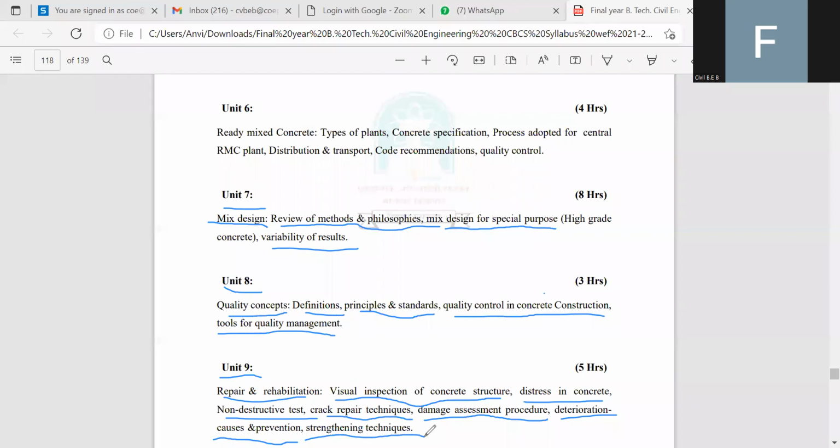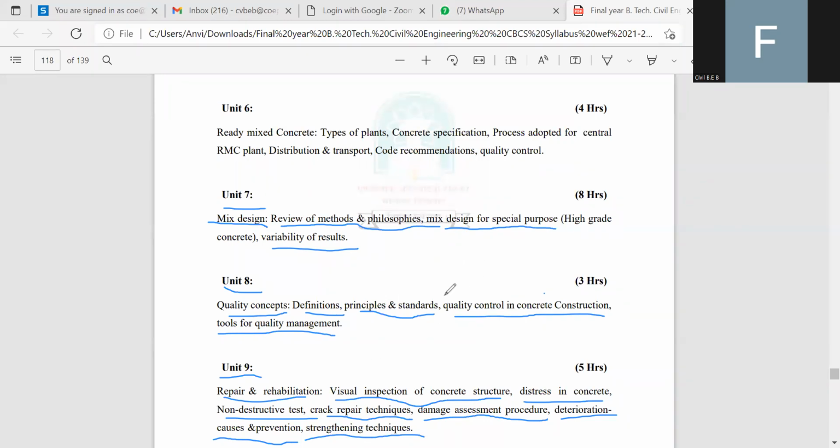So we can strengthen whatever cracks developed, whatever exposure of steel is there, by using various techniques. That strengthening technique we will also see in this chapter, and by using this we can repair and rehabilitate our concrete structures.